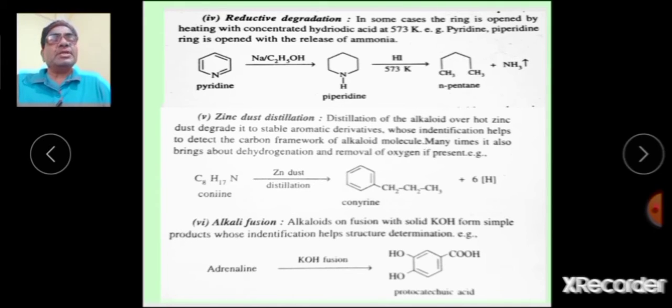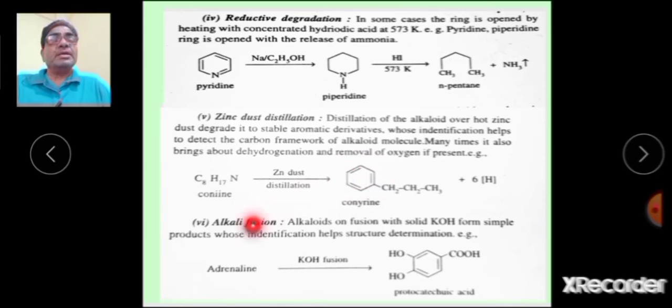Many times it also brings about dehydrogenation and removal of oxygen atom if present. For example, when coniine is taken for zinc distillation, conyrine is formed, and this indicates that the ring of the alkaloid is of 6-member.